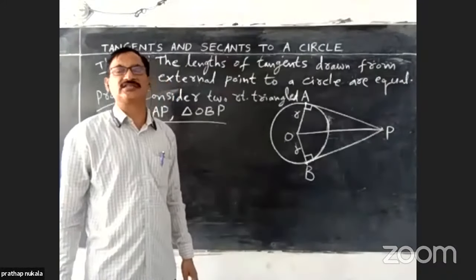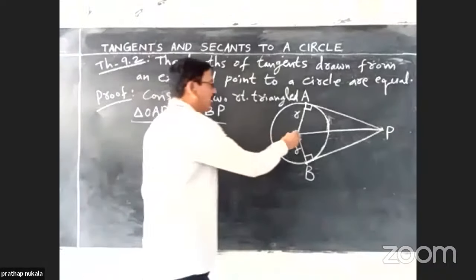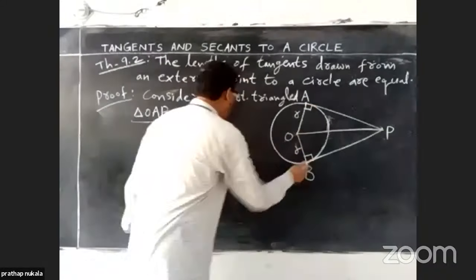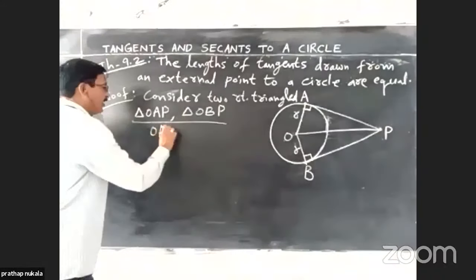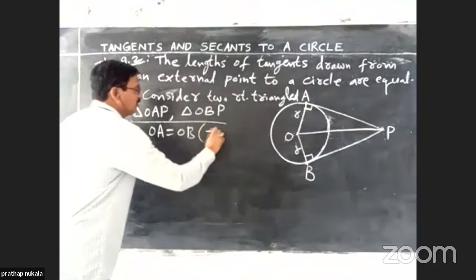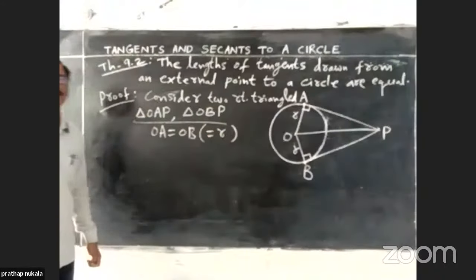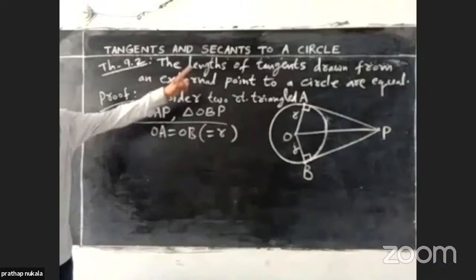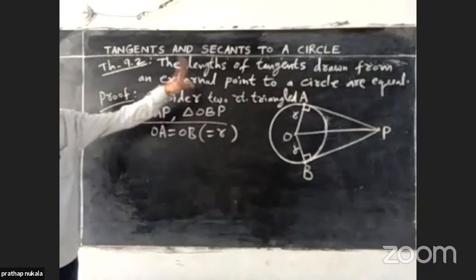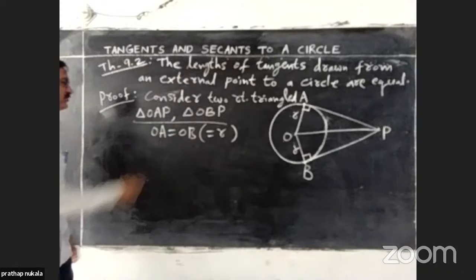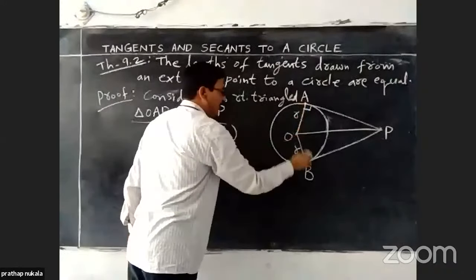That is the RHS congruence rule. Now here OA equal to OB, since both are radii of the given circle.